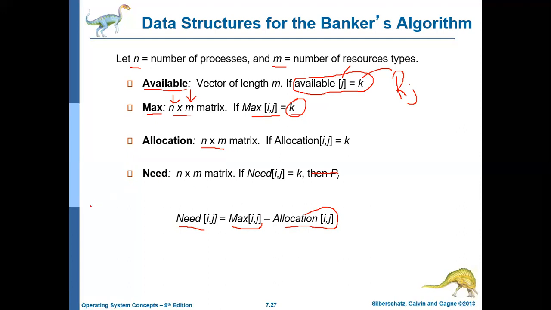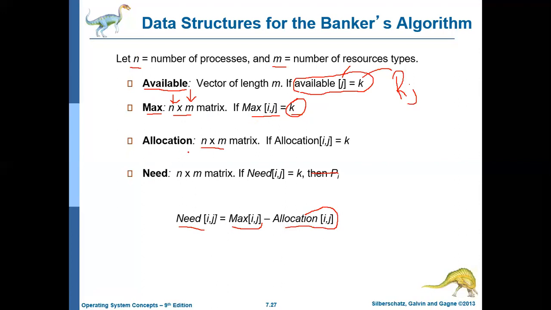So basically there is one vector and 3 matrices. The vector is available, which represents how many instances of each resource are currently available with the operating system. And the 3 matrices are max, allocation and need. Max represents how many instances of each resource type each process will require.